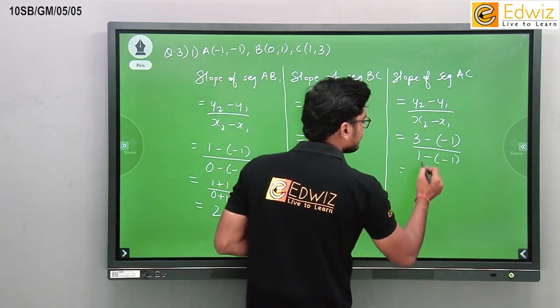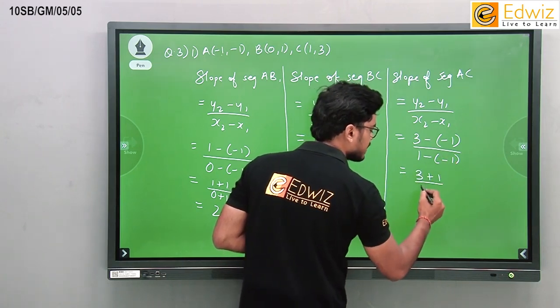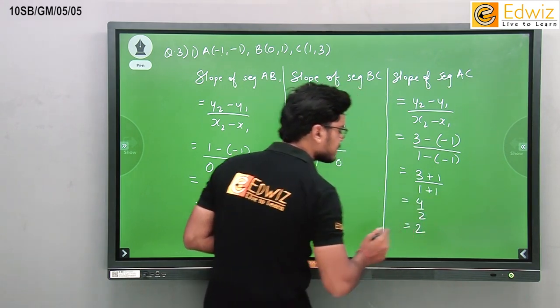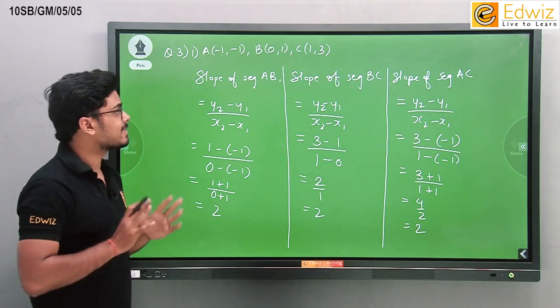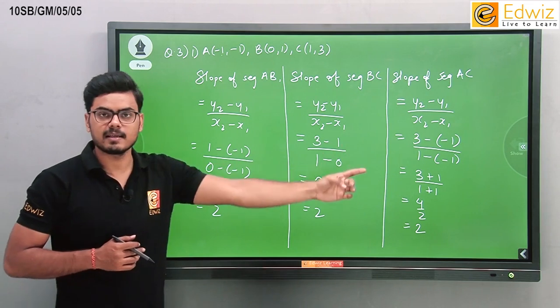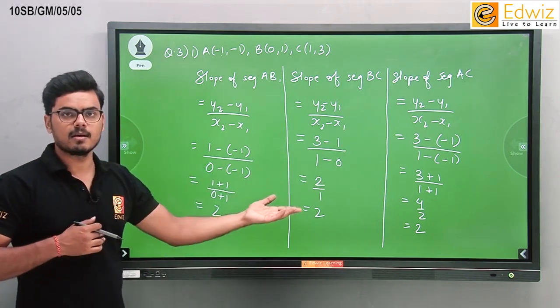Okay, so we are getting 3 plus 1 divided by 1 plus 1, 4 divided by 2. The answer is still the same, 2. Okay, इसका मतलब क्या हुआ, तीनों का स्लोप सेम आ रहा है. That means this is just one line, same line के ऊपर है तीनों points. That's why in this case the points are collinear.